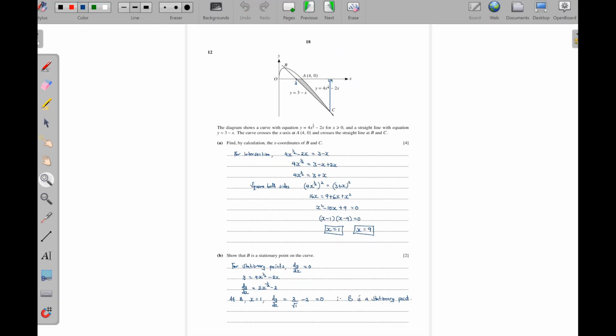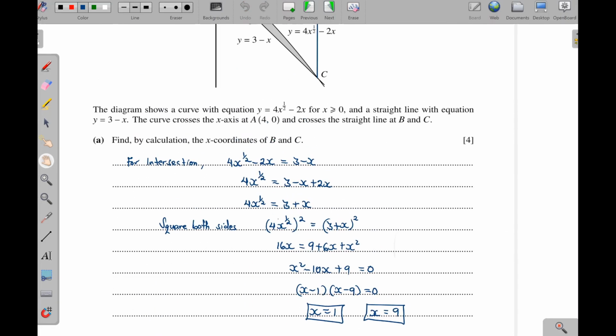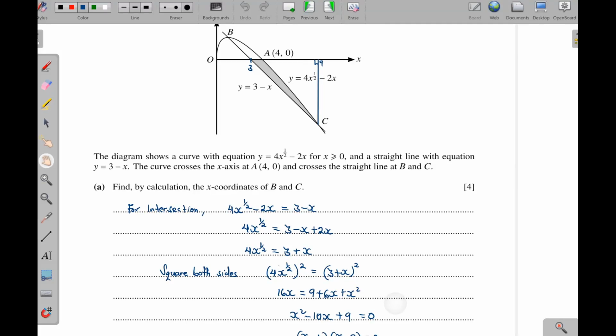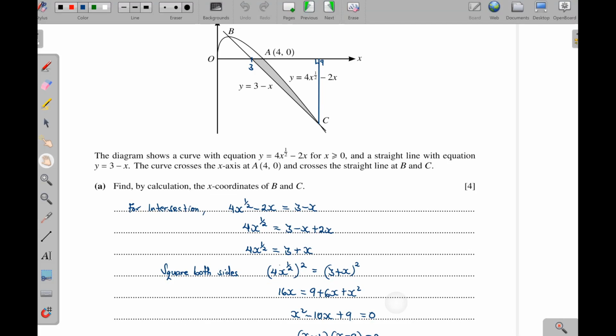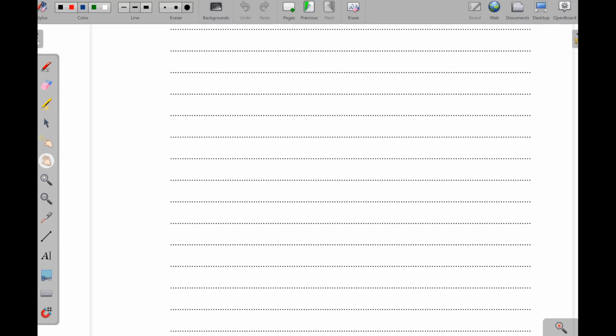The point of intersection lies on both the curve and the straight line, so I can use the equation of the curve or the equation of a straight line. Let me use the straight line: 3 minus x, which x we have seen is 9.